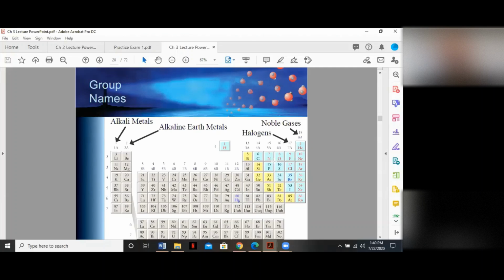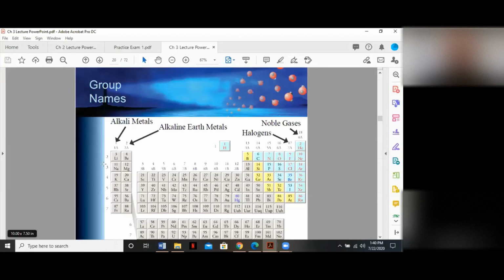These are groups. When you have also 1, 2, 3, 4, 5, 6, 7, these are periods. So I have 7 periods total. I have 18 groups total. What else do I need to know? I need to know that some of these groups have names.